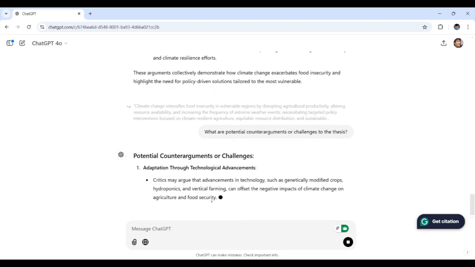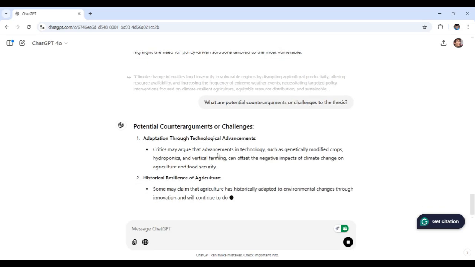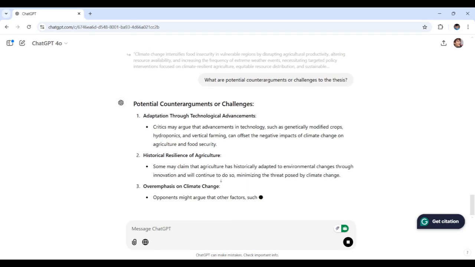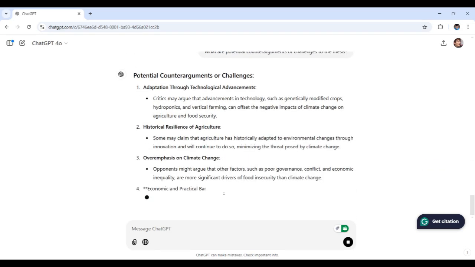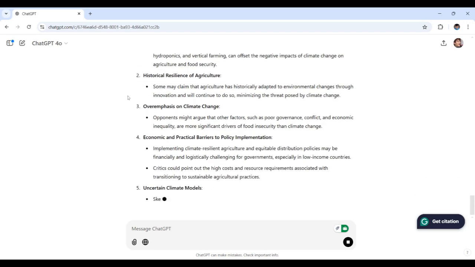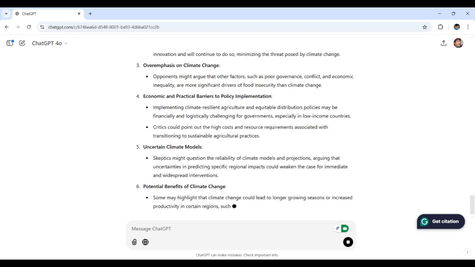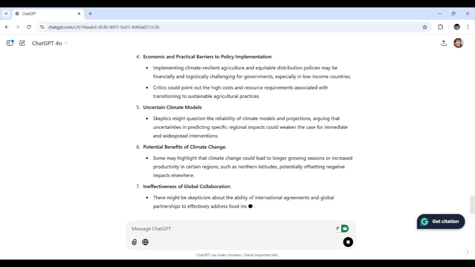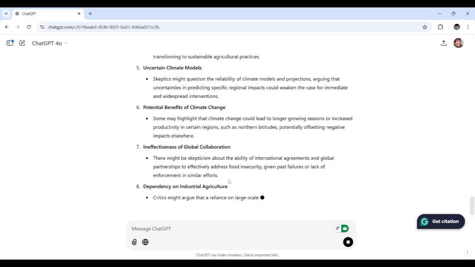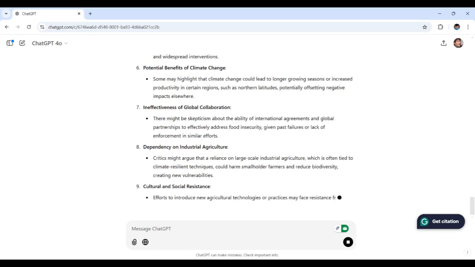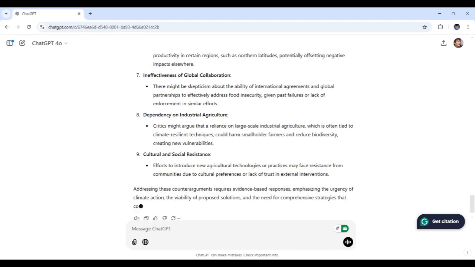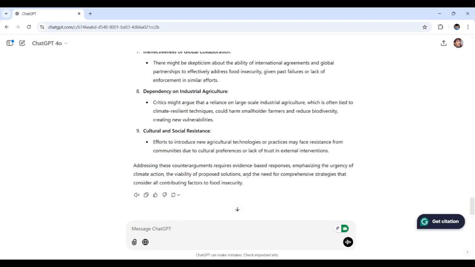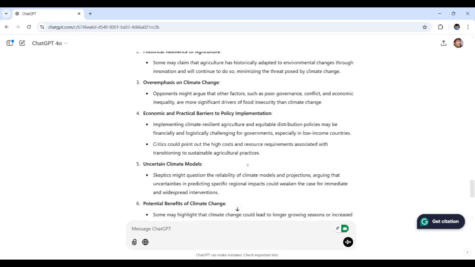So here are the following counterarguments or challenges. Each one right here comes with further information or details on these counterarguments. Right, there's plenty.